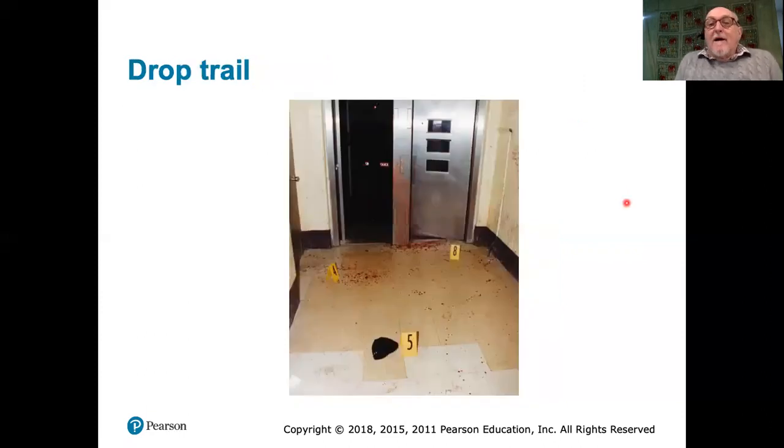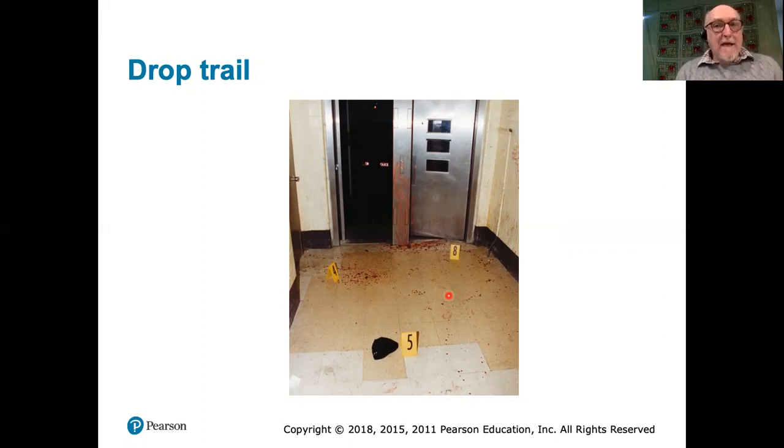Drop trails. This is a drop trail here. Now, a drop trail may arise from a perpetrator carrying a weapon away from a scene. This can be laid for a considerable distance. That's important simply because it shows us how the perpetrator may have exited the scene.